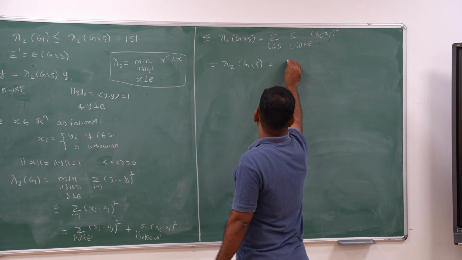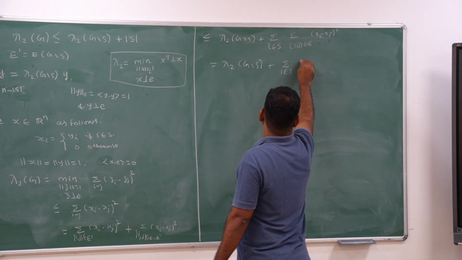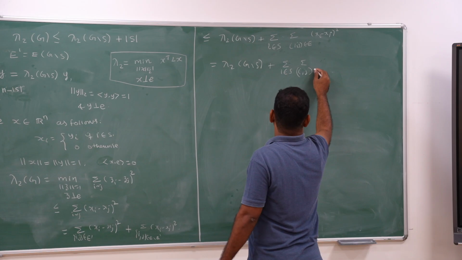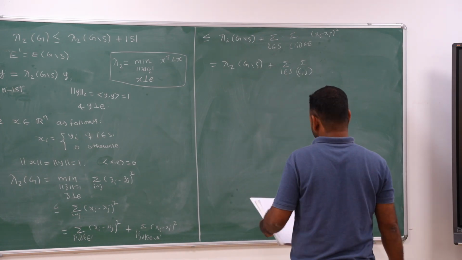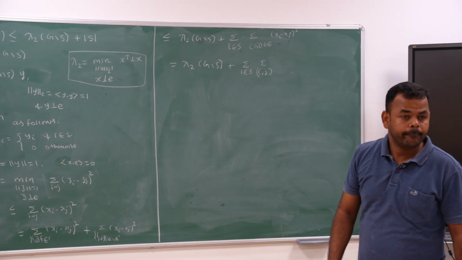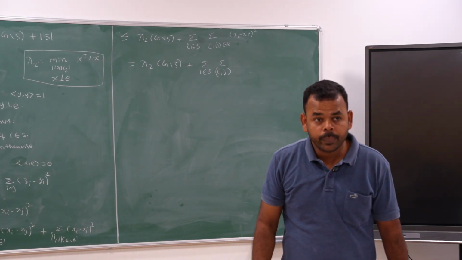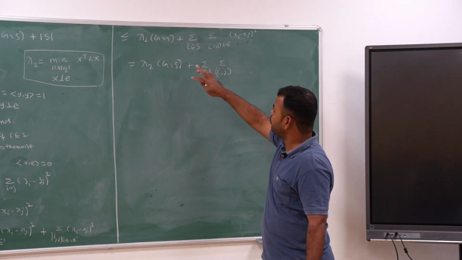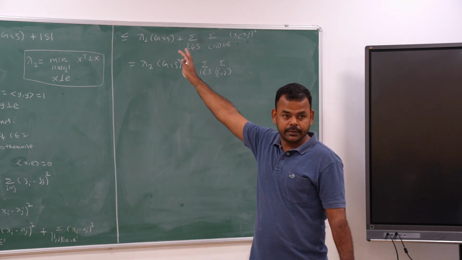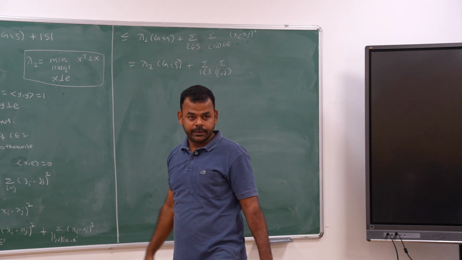Plus the summation over i belongs to S, summation over j of y_j square. Because some of the edges may have both ends in S itself, those we are also discarding, and that's why we need an inequality here.